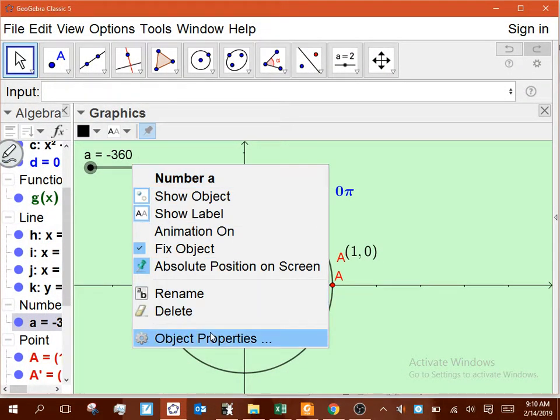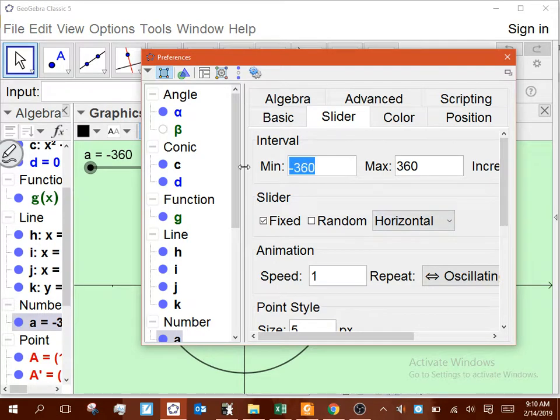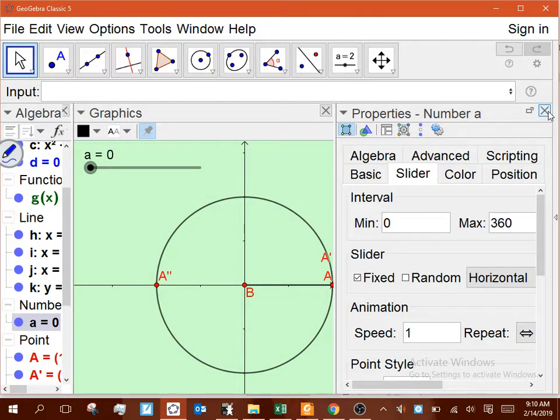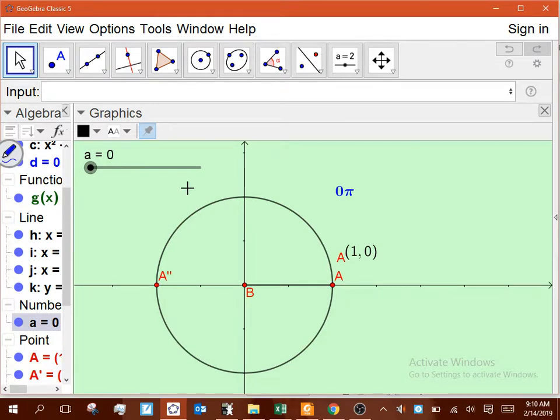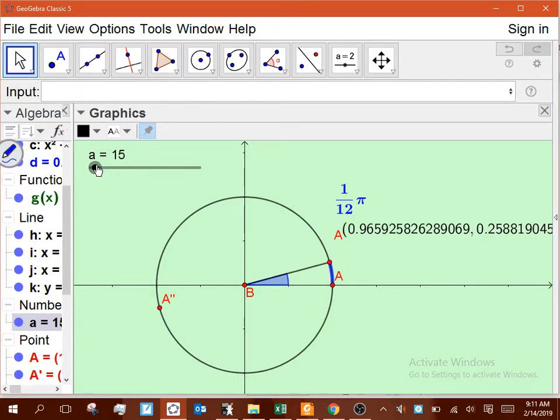I want to pick up where we left off yesterday. Remembering that when we're dealing with the unit circle, okay, the arc that we are tracing out when we create an angle.